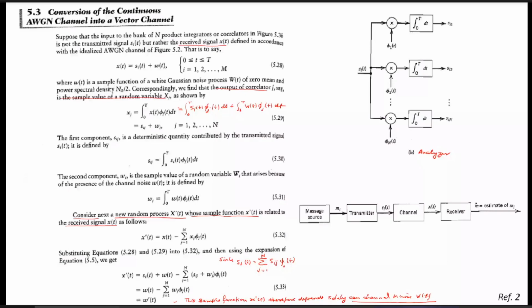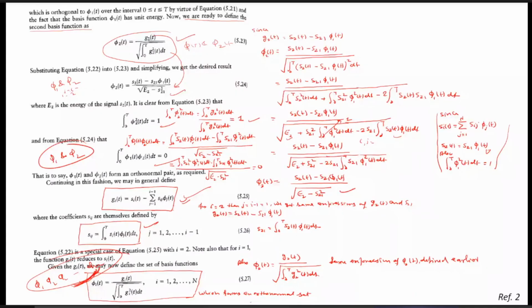If you follow these basic formulas, in general g_i(t) is given in terms of s_i(t), where s_i(t) is the transmitted signal, s_ij are the coefficients, and phi_j are the basis functions. If you define g_i(t) by this formula, and s_i(t) is calculated from this formula, then phi_i(t) is defined by this formula.